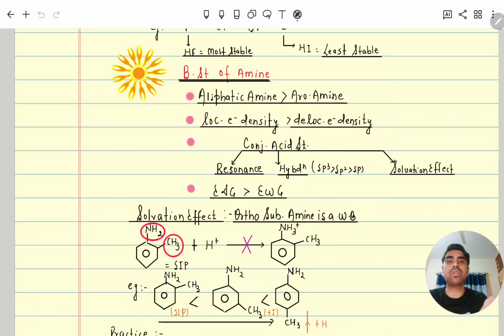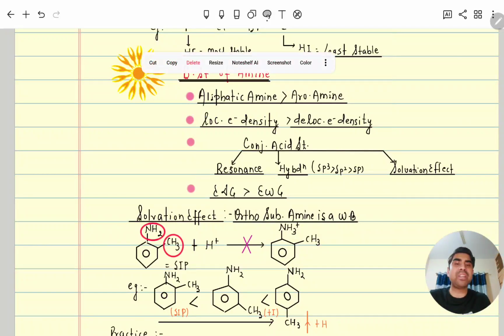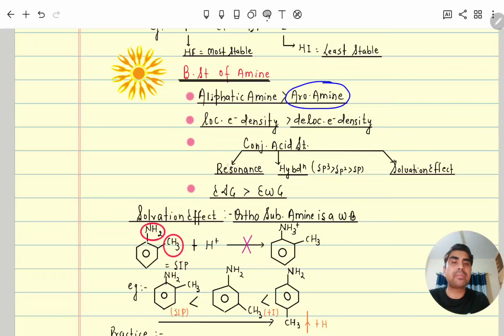So for amines always you apply this Brahmastra, that aliphatic amine is more basic than aromatic amine. Aliphatic amine is more basic than aromatic amine. Why? Because in aromatic amine that amine lone pair will get delocalized, but in aliphatic it won't get delocalized.